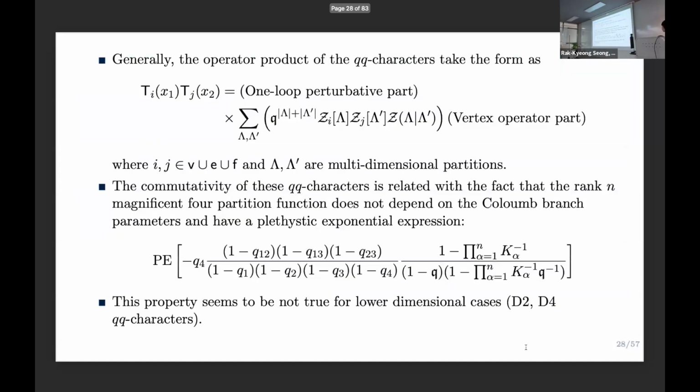But a well-known phenomenon is that such kind of partition function doesn't depend on the spectral parameters or Coulomb branch parameters, and you have a nice PE formula, which means that the partition functions shouldn't have any singularities, which means the QQ characters should commute. But unfortunately, this is not true for the lower dimensional case. So this is a new phenomenon for D6 and D8 QQ characters.